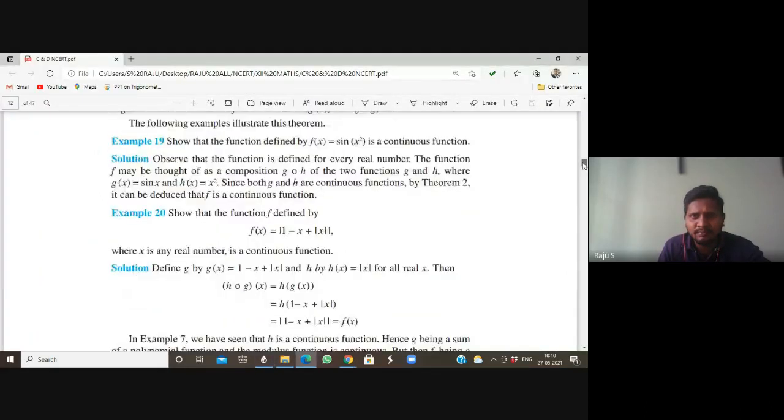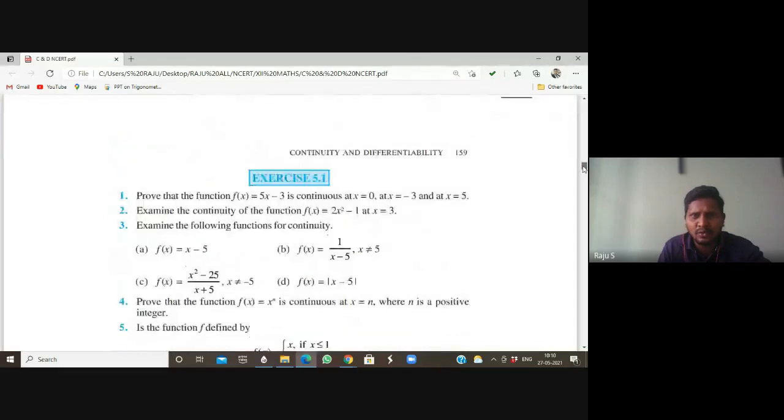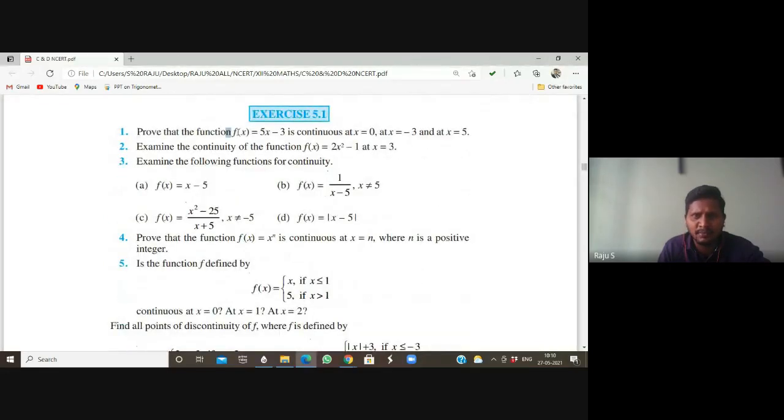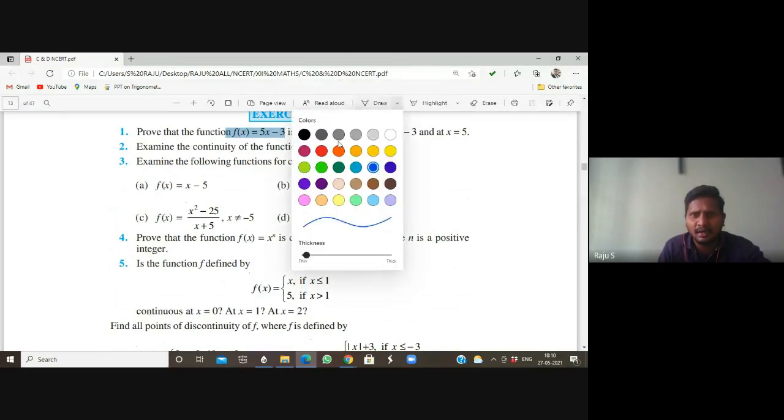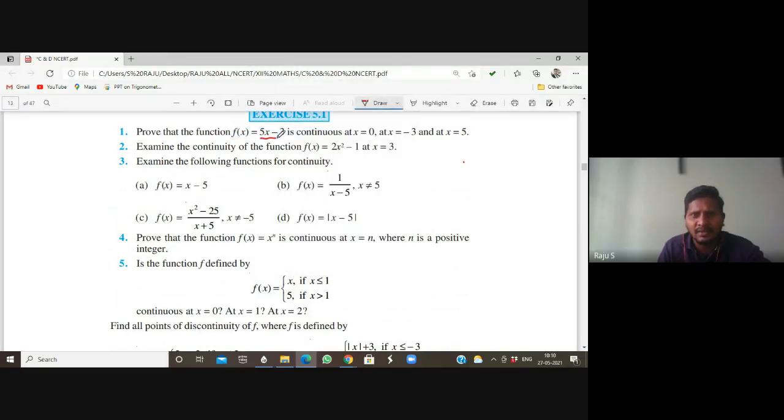First question, they did not give any two different functions. Simply they gave only one function. So if we draw the graph of this line, this is a line equation, 5x minus 3, y is equal to mx plus c form. Comparing with y is equal to mx plus c, the m value is 5. 5 is greater than 0.